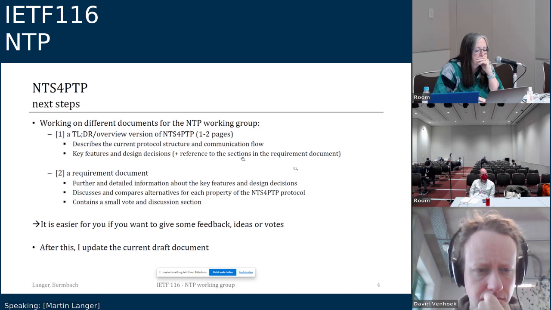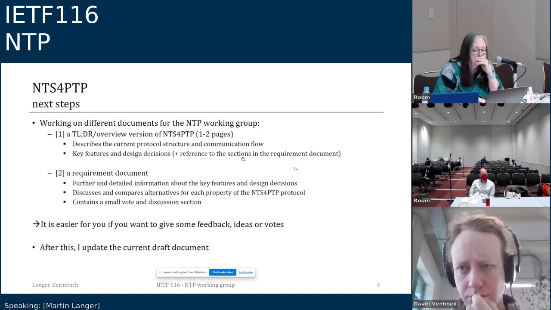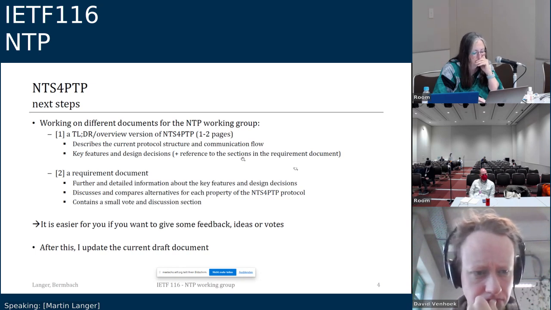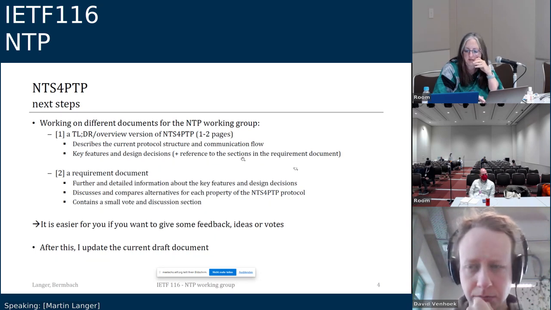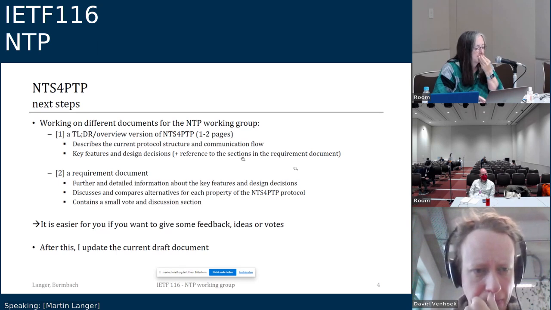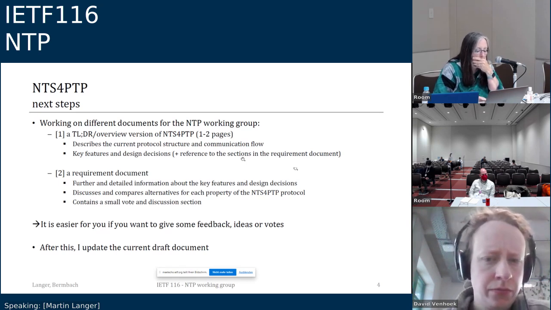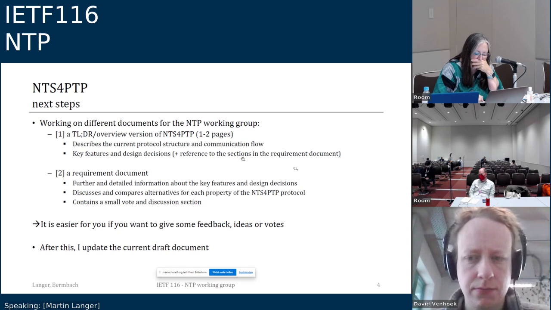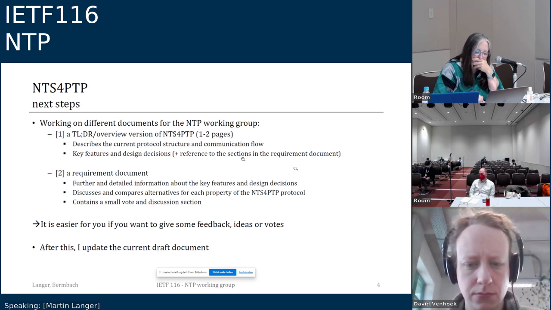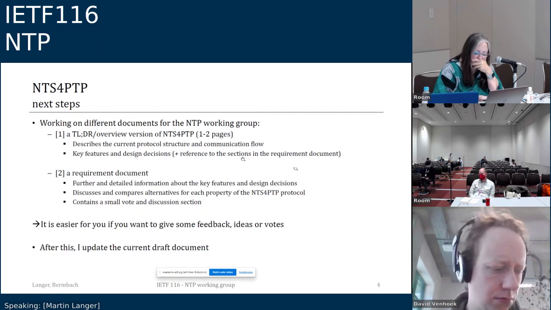The current draft document needs updates. There are many changes. Currently, I don't put the changes into the draft document because I have feedback and mails, and I have to filter them to see what must be changed.